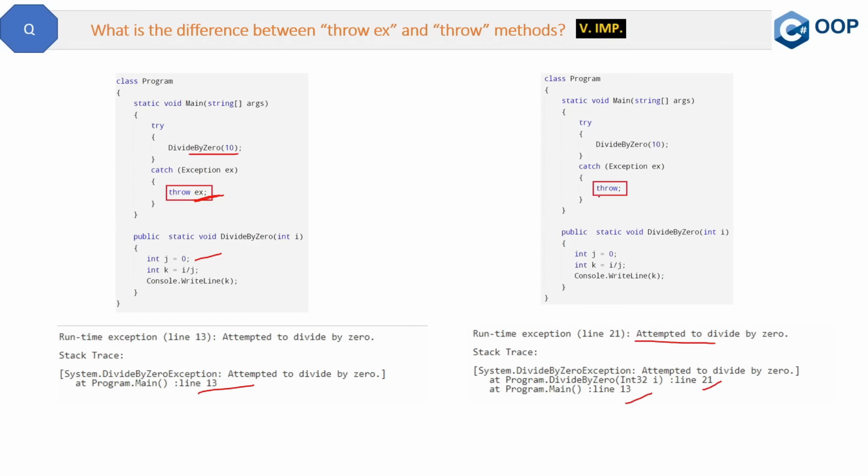So which is better for a developer? It is throw, because it gives you more details to analyze an error. It is always a best practice to use throw as it preserves the whole stack trace and gives you detailed information. So that's the difference between throw ex and throw.